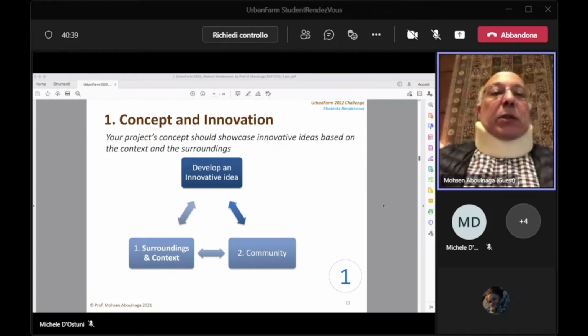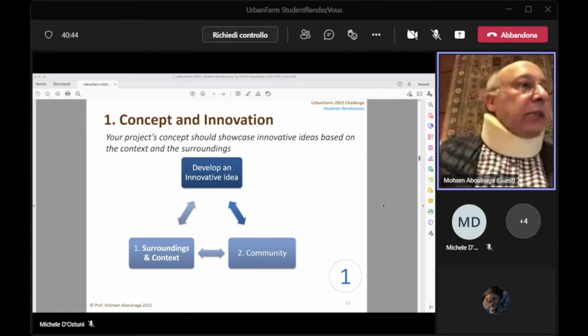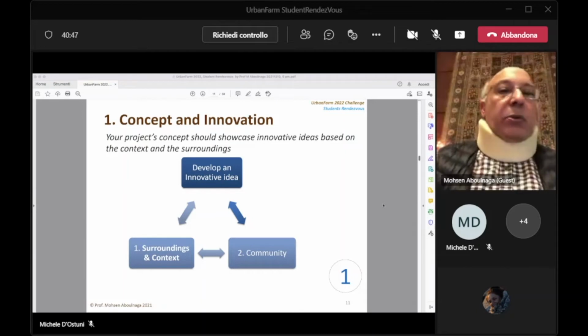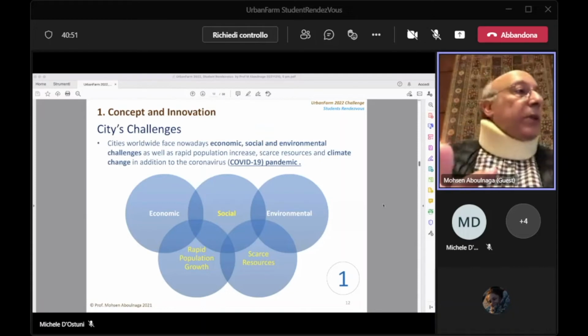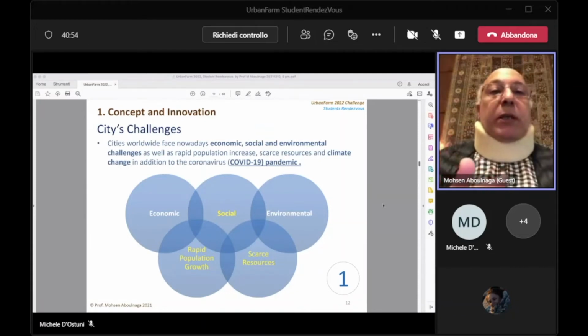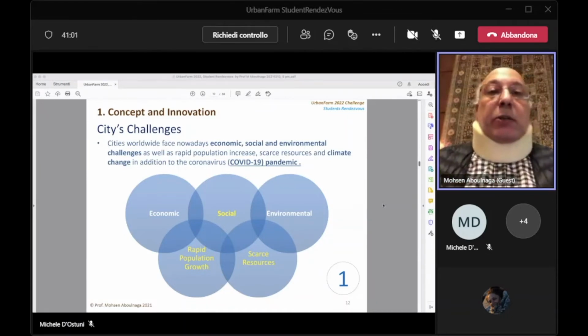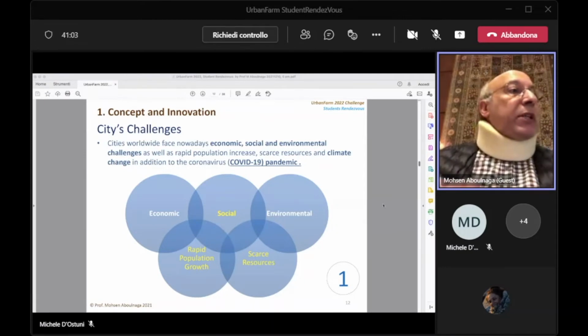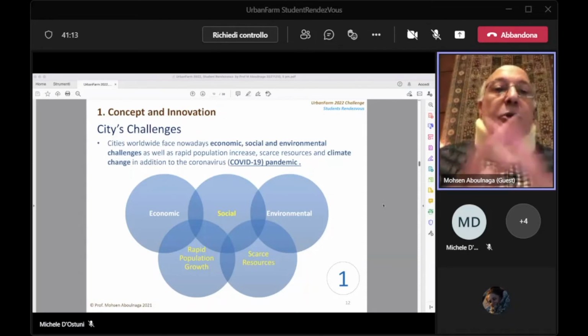You need to understand also the challenges that Professor Alessandra highlighted in terms of climate change and more. Next, please. Cities worldwide are now facing economic, social, and environmental challenges, as well as rapid population increase, not part of Europe for example, increased scarce resources, and climate change. In addition to the horrible COVID-19 pandemic, which is now becoming a crisis for the whole world.